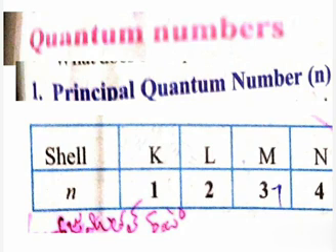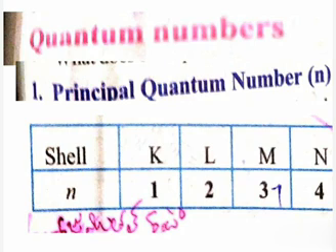If the n value is increasing, the orbital size is also increasing, and the distance between the electron and the nucleus also increases. An increase in n also means higher energy.